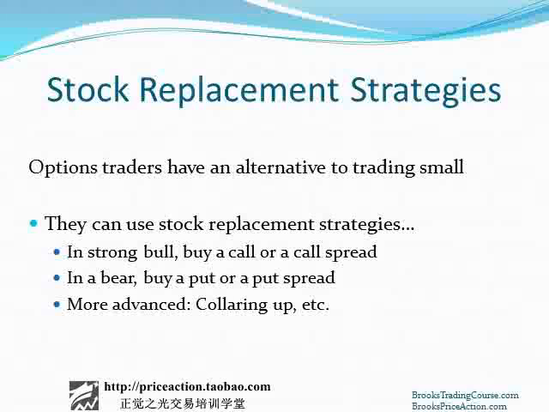And therefore you immediately greatly contained your risk. For example, if you buy a put, the most you can lose is the price of your put. And that might be 1 or 2% of the current price of the underlying stock. So your risk has become greatly smaller by replacing your stock position with a position in the options market.